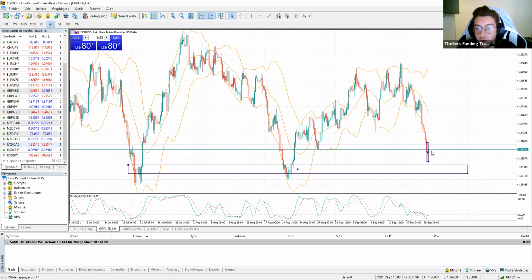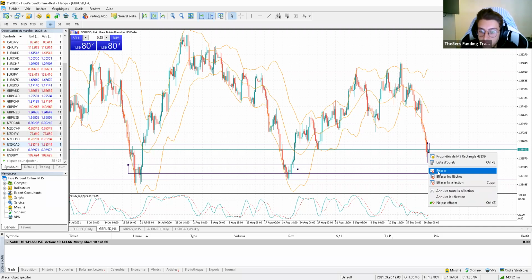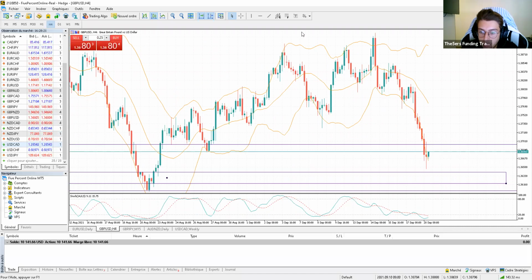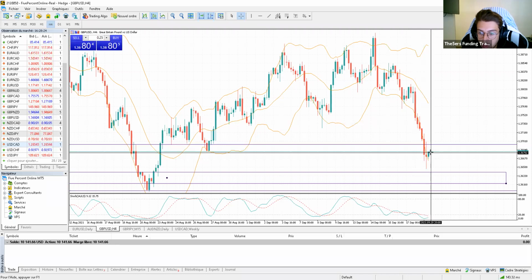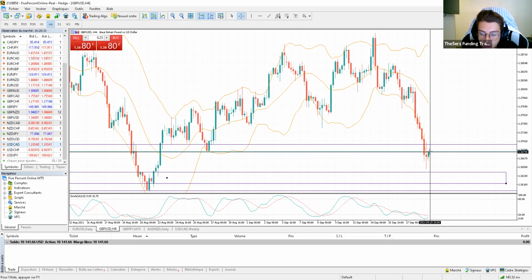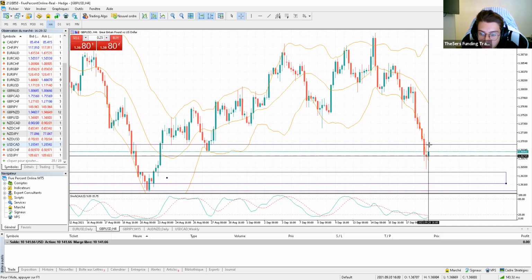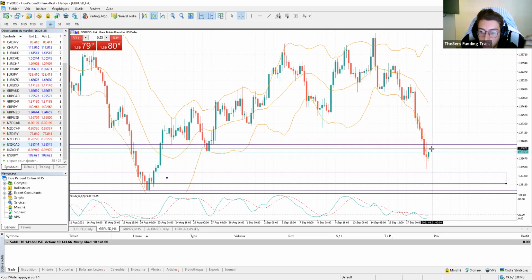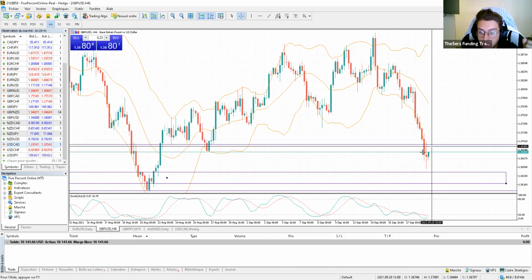So here on the H4 and on a daily basis, you have to check for confirmation. Here it can be maybe when the H4 closes, around 8 in my time zone. Maybe if this candle has a strong close, we can make a buy.